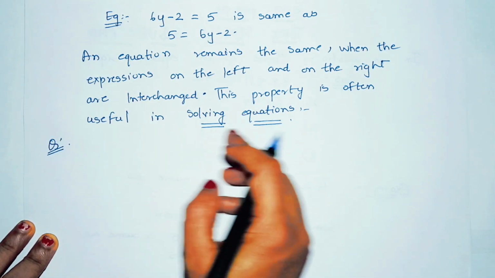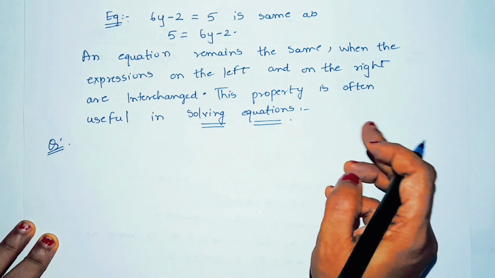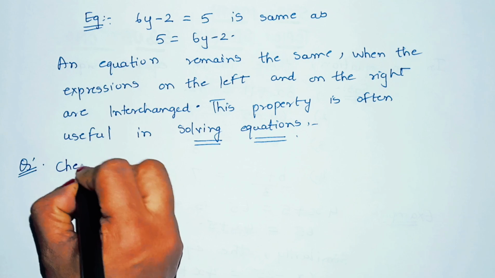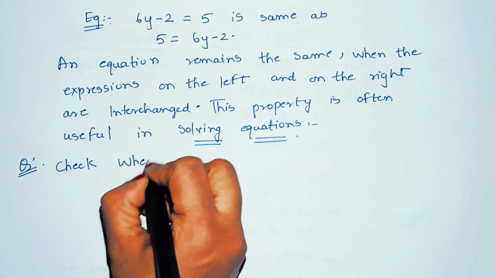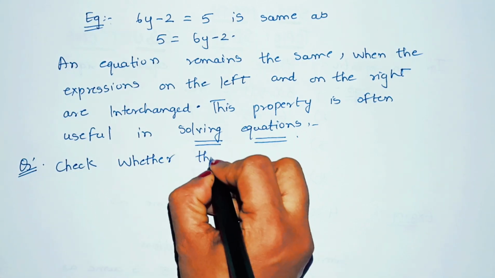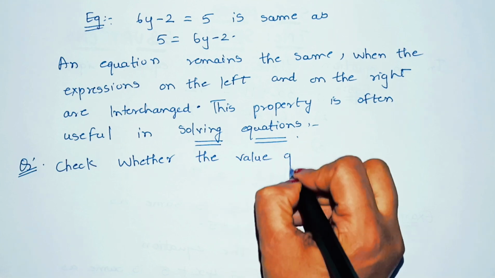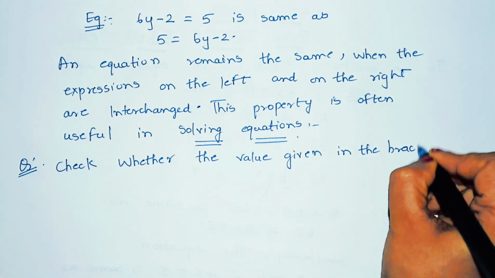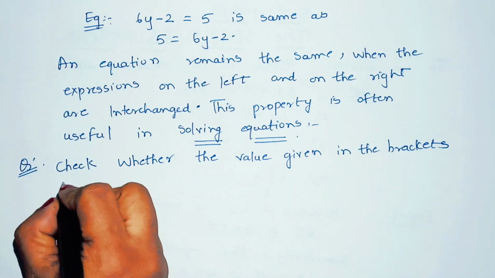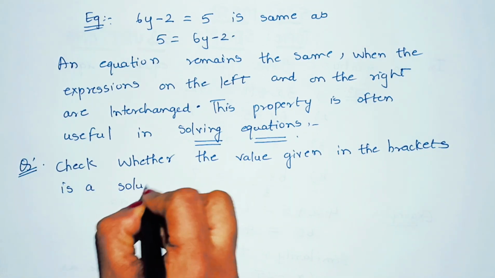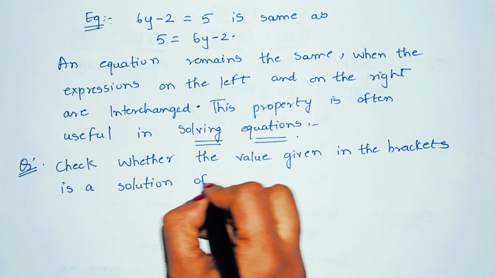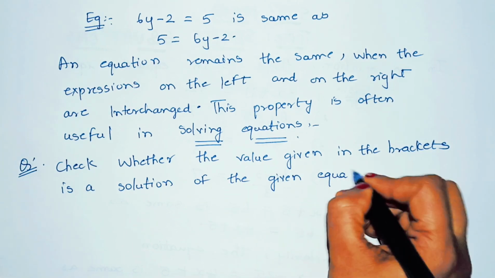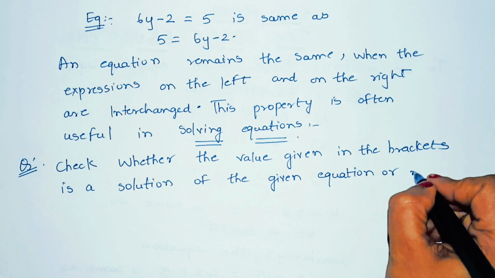We are going to see some questions based on how to find out the solution of an equation. Let's see. The question says, check whether the value given in the brackets is a solution of the given equation or not.